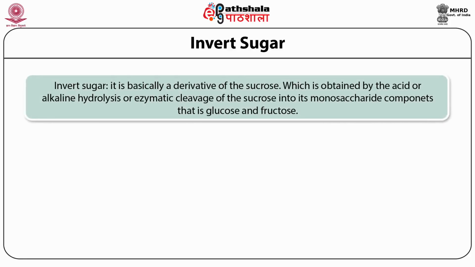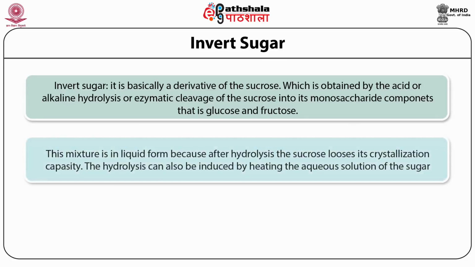Invert sugar is basically a derivative of sucrose, which is obtained by the acid, alkaline or enzymatic hydrolysis of sucrose into its monosaccharide components, that is glucose and fructose. This mixture is in liquid form because after hydrolysis of the sucrose, the crystallization capacity of the sucrose is lost.